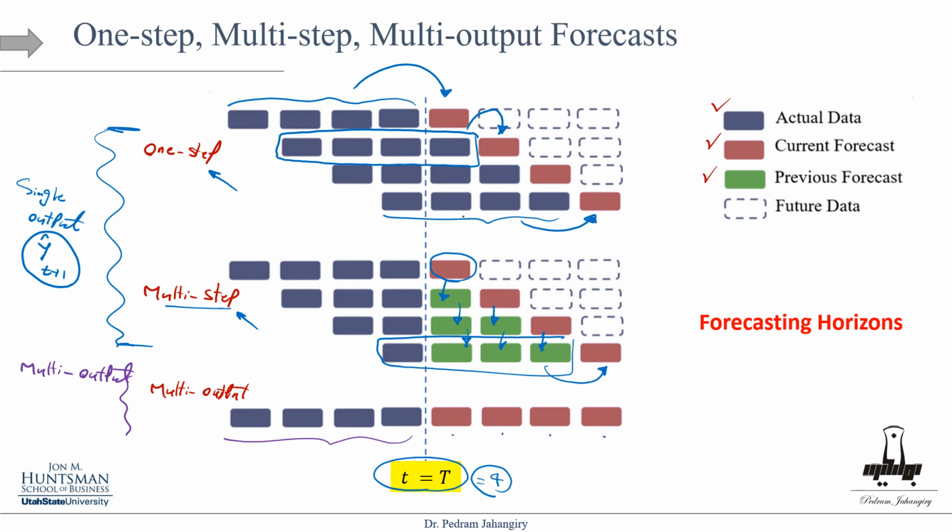We're not using any predictions to feed the model like in multi-step. So multi-output means that you're predicting y hat t + 1, y hat t + 2, y hat t + 3, and y hat t + 4. As you can see, here we have 4 target variables, and there we have only 1 target variable.